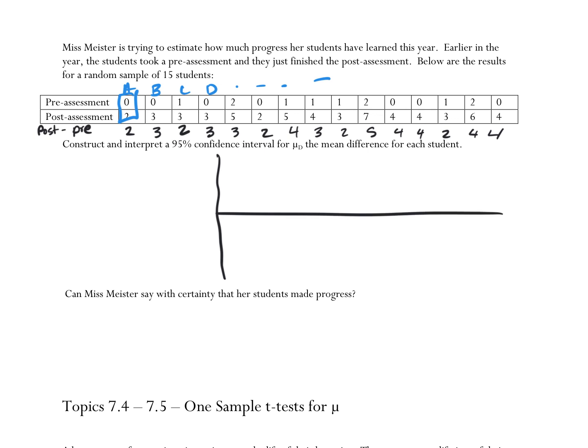And so we're going to do, instead of a 1 sample t interval for mu, a paired t interval for mu d, and that d stands for difference, where mu d is the true mean difference of post minus pre-test scores.